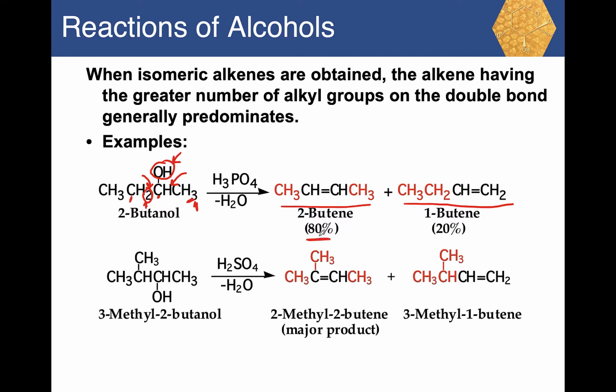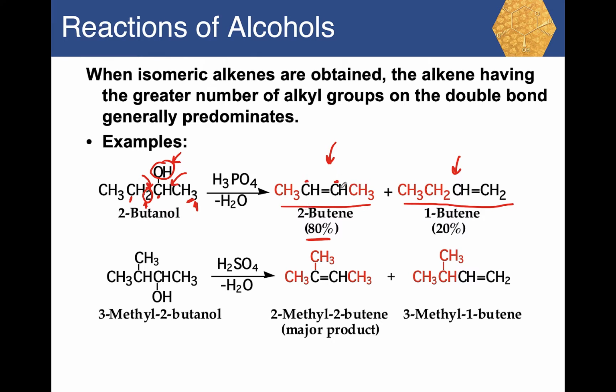If you do the percent yield, there is a lot more of this molecule than this molecule after the reaction is done. You can predict this because the alkene that's formed as the major product has more alkyl groups bonded to the carbons of the double bond.